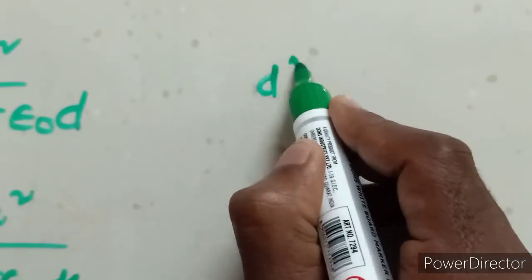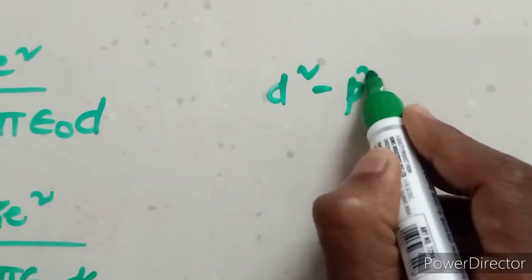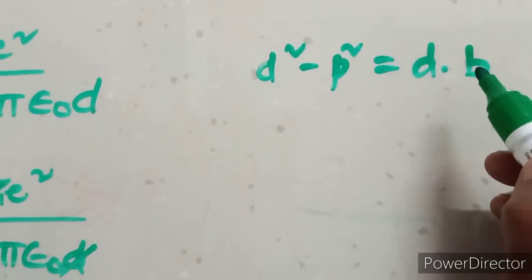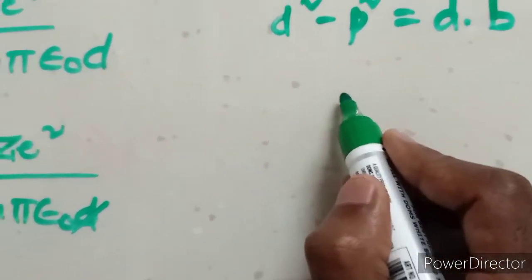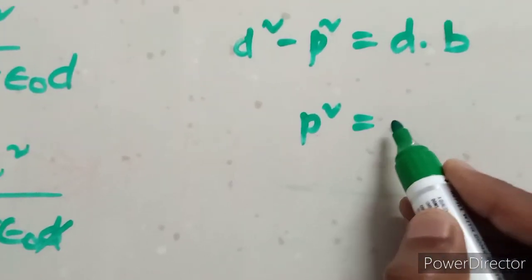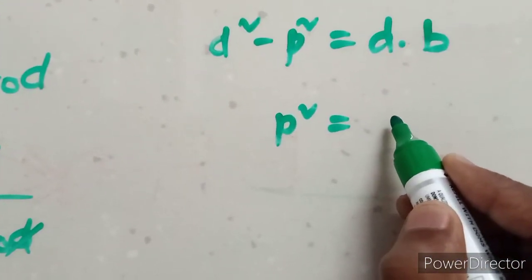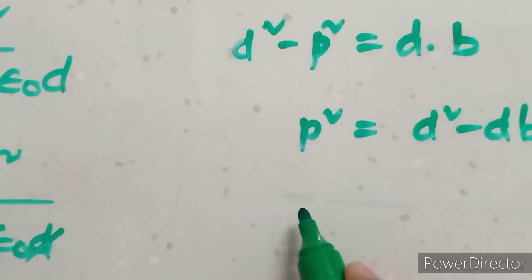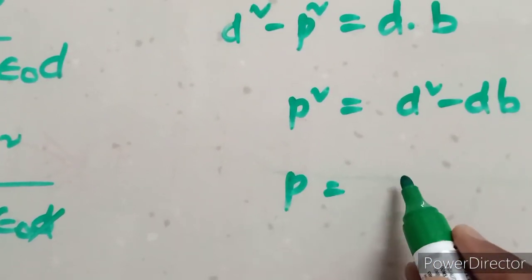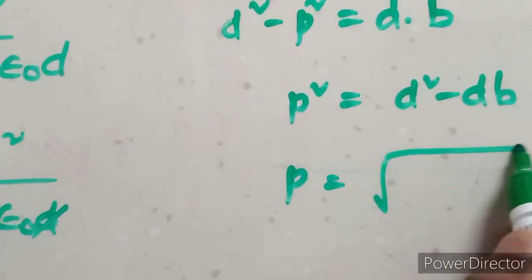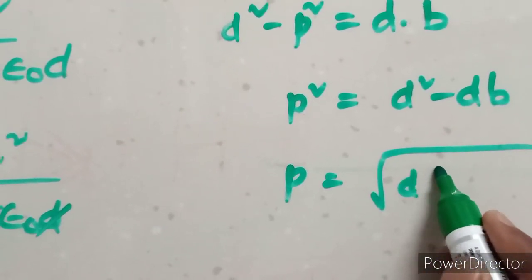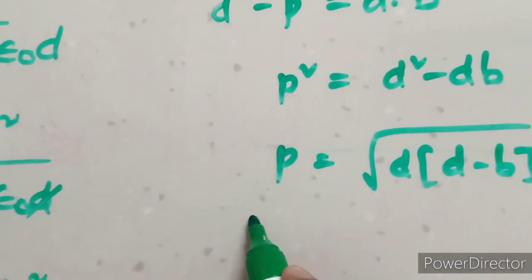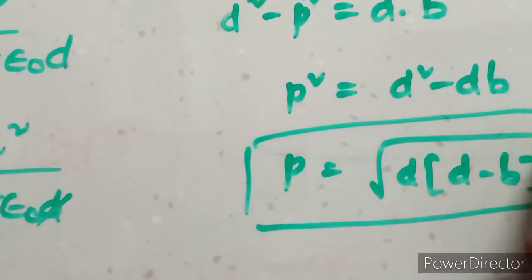Then d square minus p square equals d into b. Then p square equals d square minus d b. P equals under root d into d minus b. This is the impact parameter.